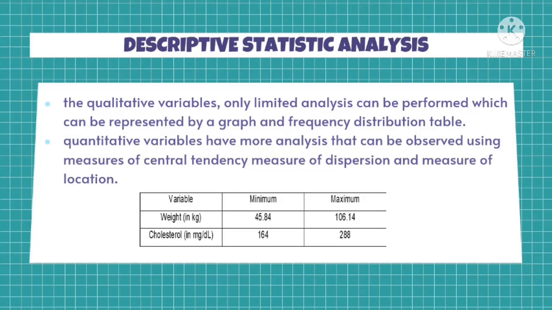We can know that the minimum weight of a person is 45.84 kg, while the maximum weight of a person is 106.14 kg. The lowest cholesterol level is 164 mg/dl, and the highest cholesterol level is 288 mg/dl.